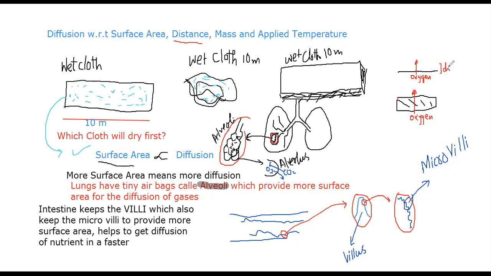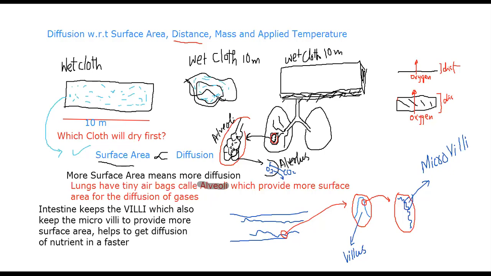This is the distance, I'm just writing dis, and this is the distance, I'm writing dis. Now you can see that the membrane or the layer whose vertical distance is less, the particles easily pass through it.